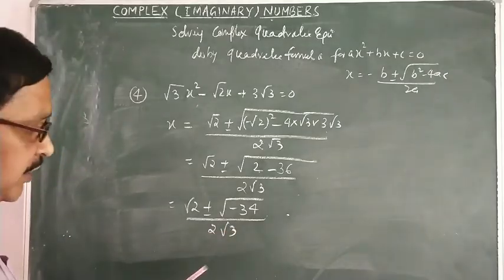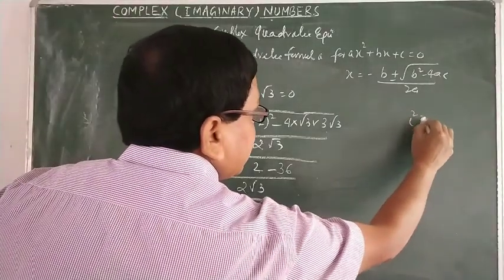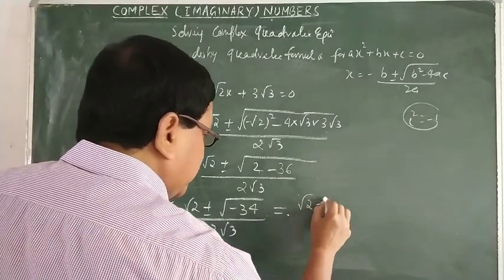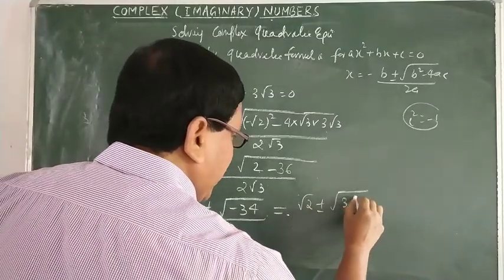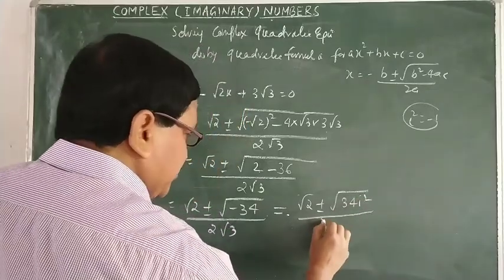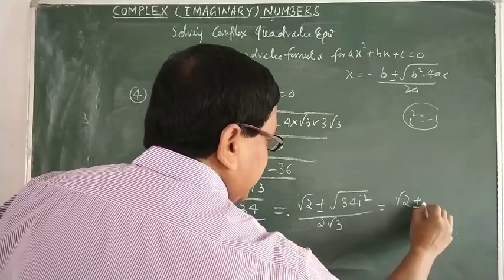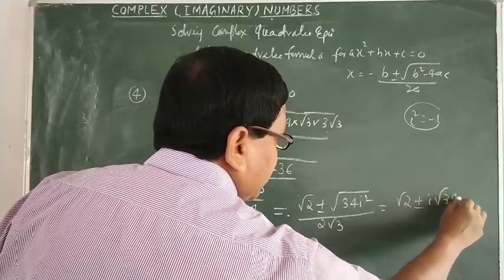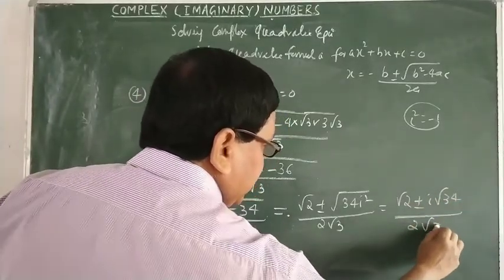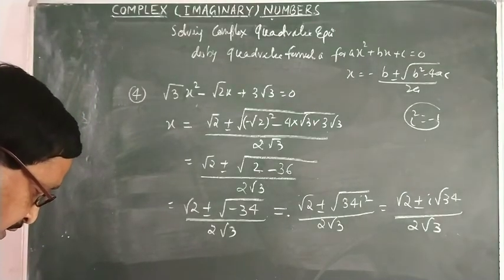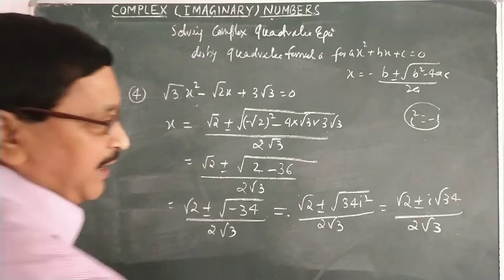And earlier I taught you that due to i square is equal to minus 1, this can be written as root 2 plus minus root of 34 i square, by 2 root 3. So this is root 2 plus minus i root 34, by 2 root 3. This is your final answer.